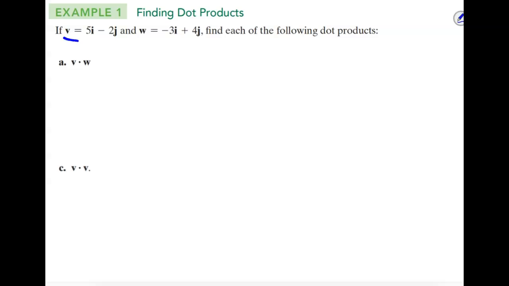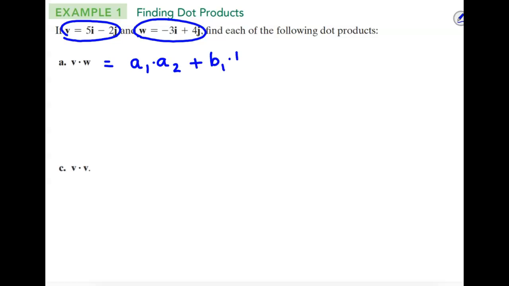So here's vector v, and here's vector w. In order for us to do the dot product, I'm just going to write down that formula again. You're going to multiply a sub 1 and a sub 2 together, plus b sub 1 times b sub 2 together.